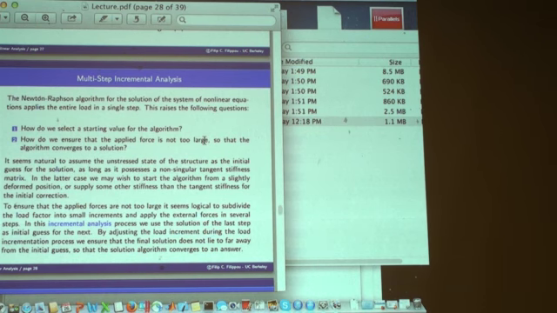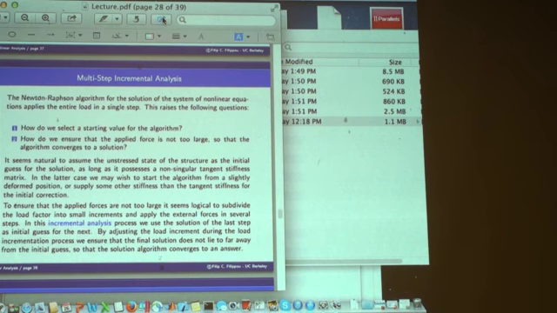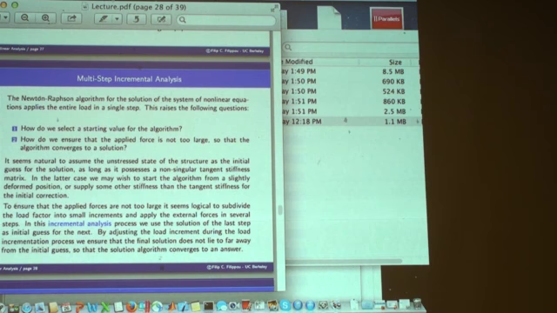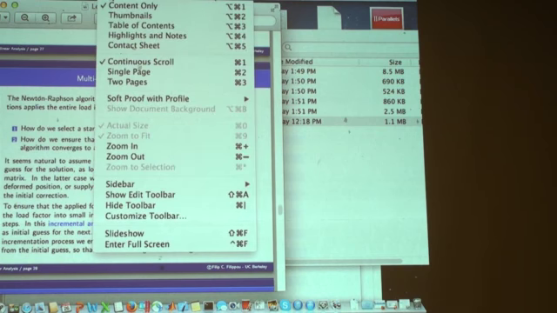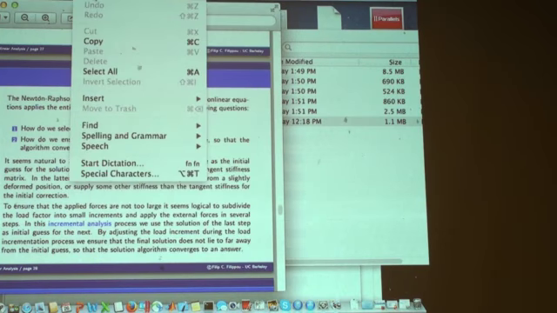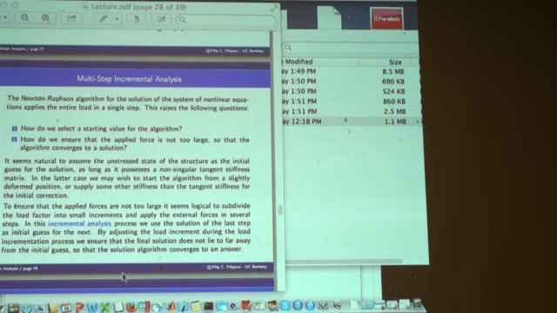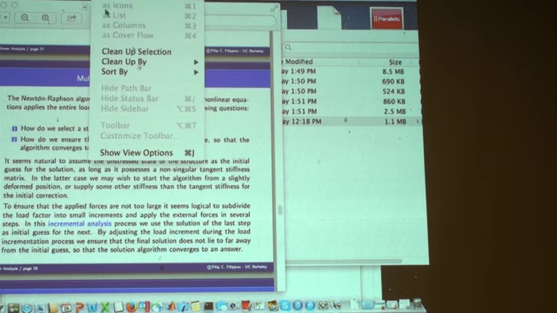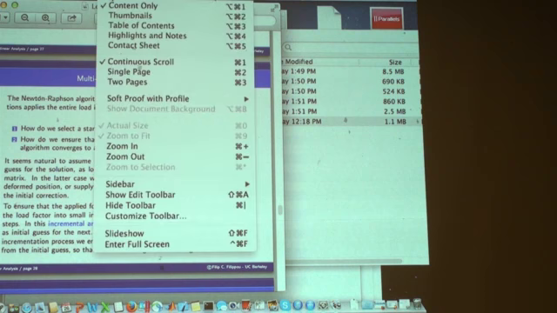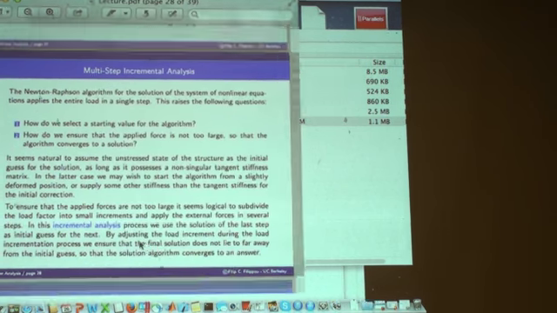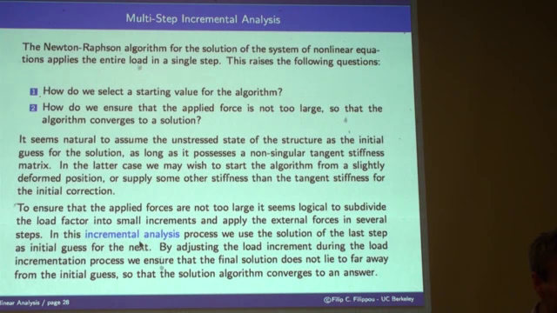Control L. How do you make it big so it fills the screen? View, or edit. Oh, good. Fantastic.